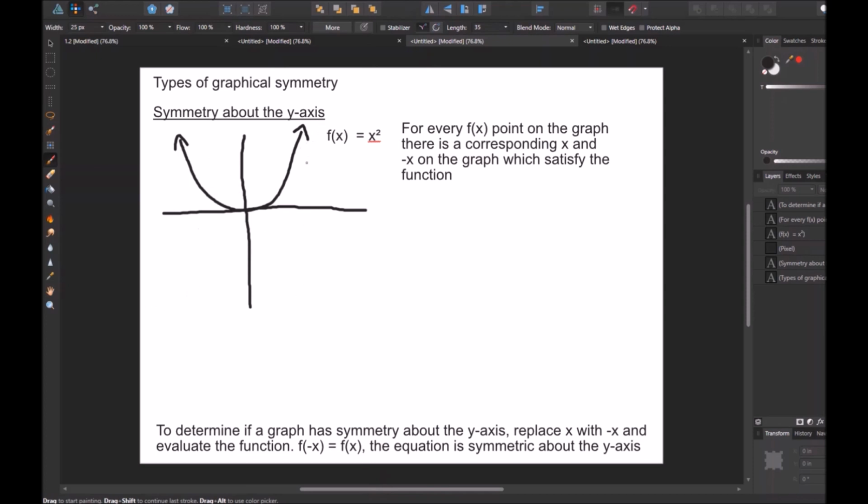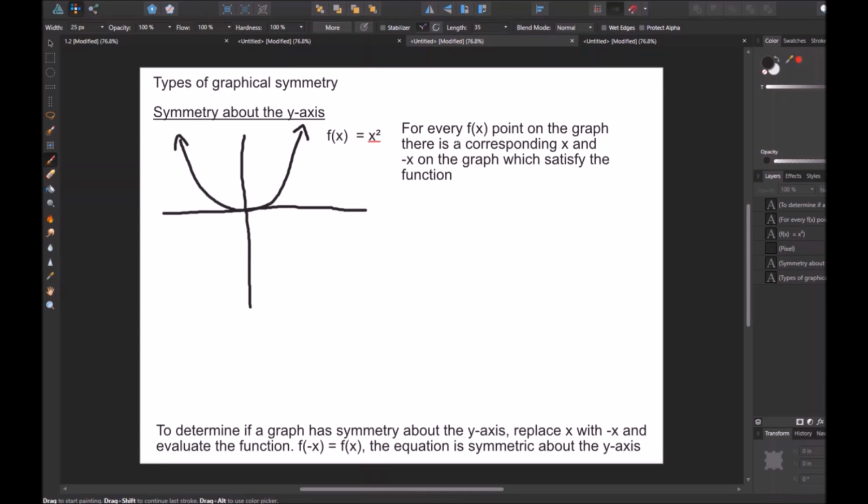Now, symmetry with the y-axis is kind of the same thing, just on the y-axis here, and we'd be proving different things. Basically, if I take this section of the graph that's to the right of the y-axis, and I flip it over, it's the exact same as the piece of the graph that is on the left side of the y-axis.